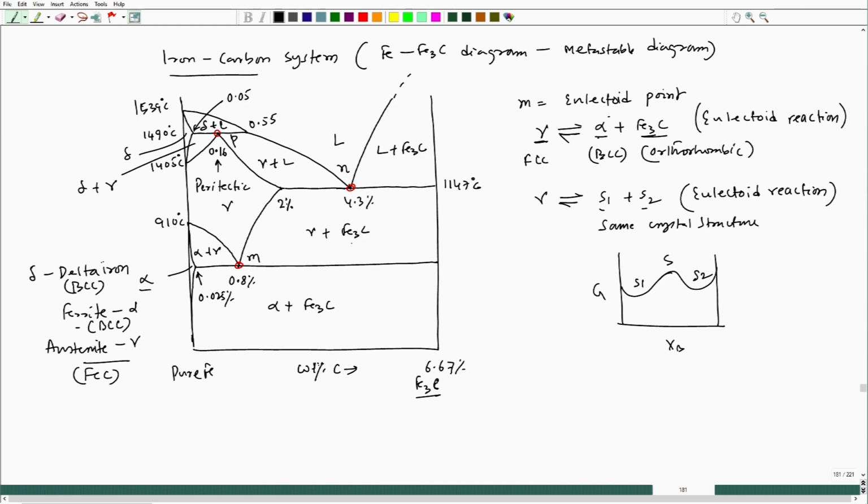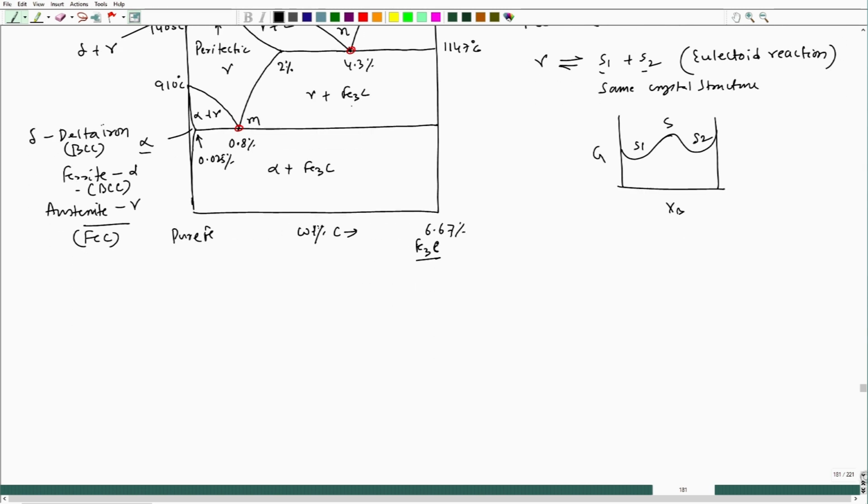Now, let us look at that equilibrium part, considering the free energy composition diagram. If I try to draw the free energy composition diagram in order to show the eutectoid positions, this is XB equal to 1, XB equal to 0.